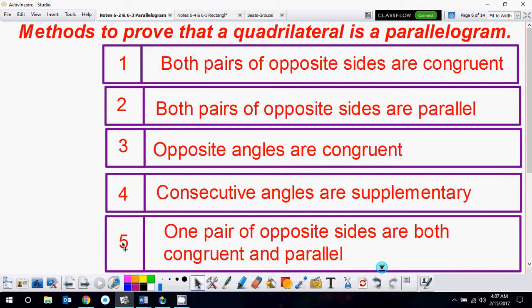You know both that they are congruent and that they're parallel. We'll talk about that a little bit more next time as well.